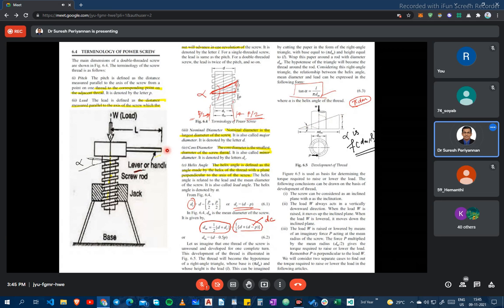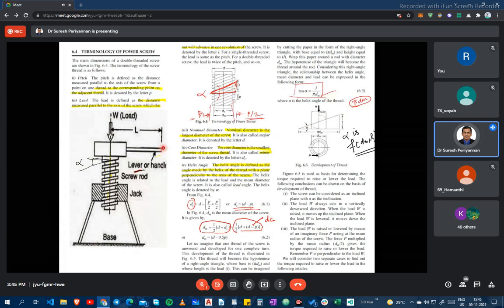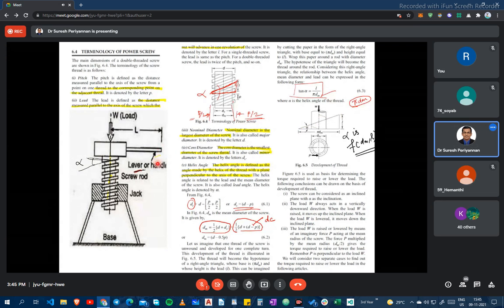Now the P is multiplied by dm by 2. Then how can I find the torque? Can you tell me that? What is my applied torque in this? This is my handle, and I apply the force P on the handle.